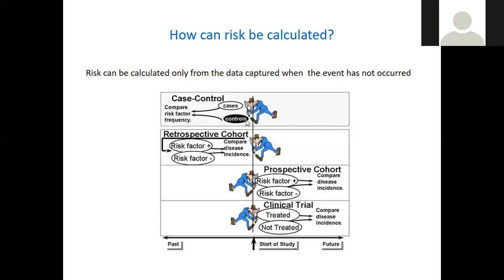The other way is cohort study and experimental design, because you look forward. In a cohort study, you gather people that are exposed and people that are not exposed, and you see in the future how many of them will develop the outcome of interest. In that case, you can calculate risk, because the event has not occurred at the beginning of your study.